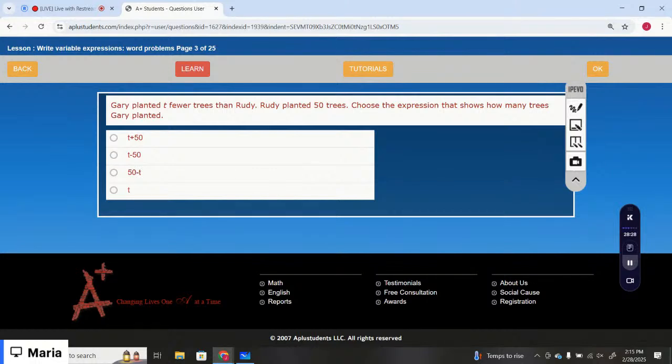Gary planted t fewer trees than Rudy. Rudy planted 50 trees. Choose the expression that shows how many trees Gary planted. Gary planted t fewer trees than Rudy. Rudy planted 50. That is 50 minus t. Option number 3 is the correct option.